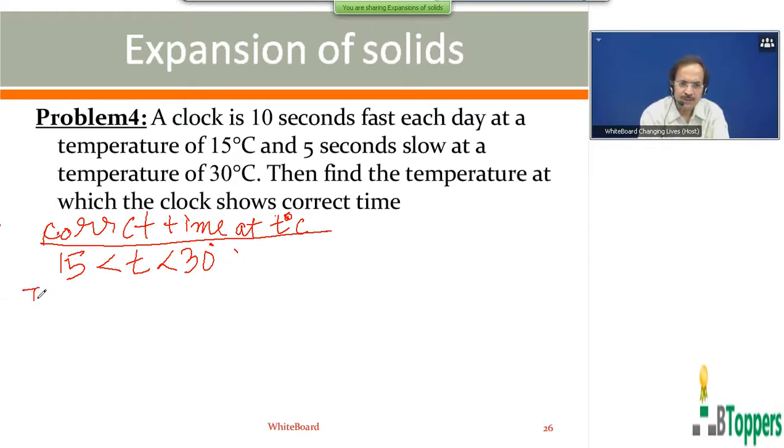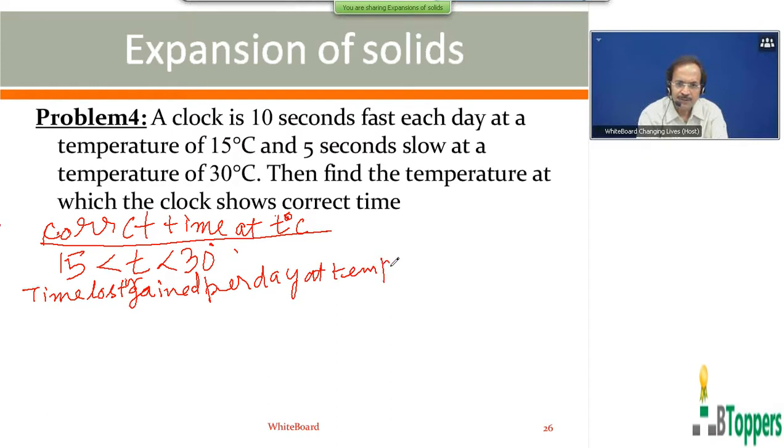So time lost or gained per day when the temperature of the pendulum clock is T dash is half alpha into mod of T dash minus T into 86,400 seconds.